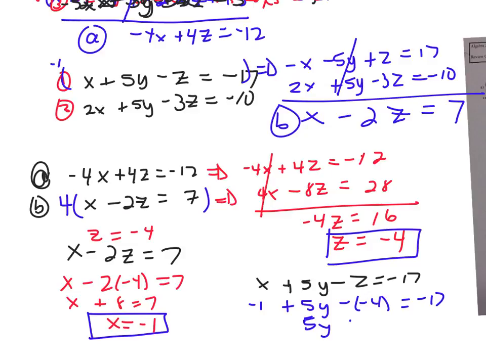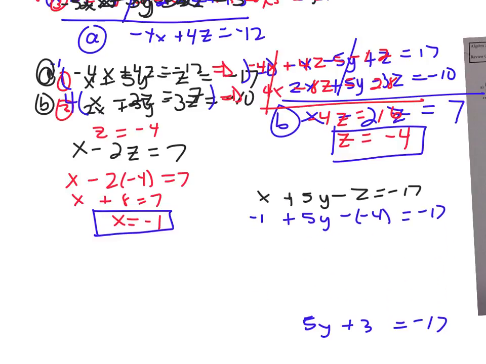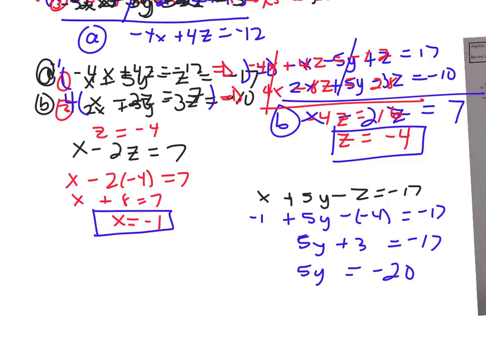So it's 5y plus 3 is equal to negative 17. So 5y is equal to negative 17 minus 3, which is negative 20. Divide both sides by 5, I get y is equal to negative 4. And there's my y value. So my solution is negative 1, negative 4, negative 4.